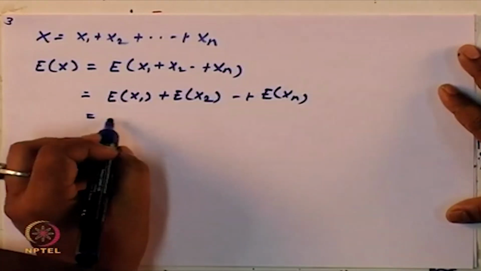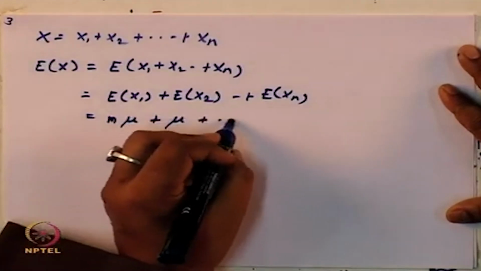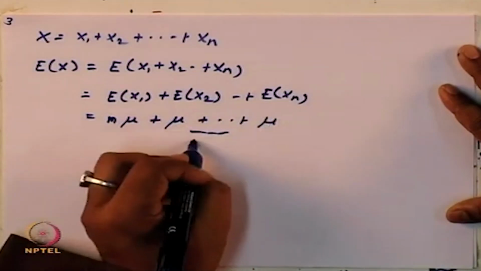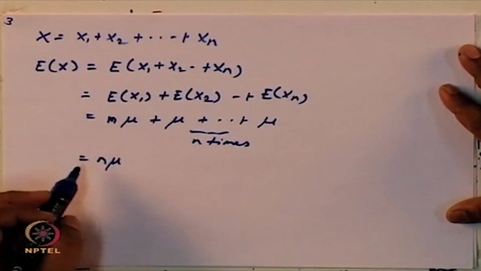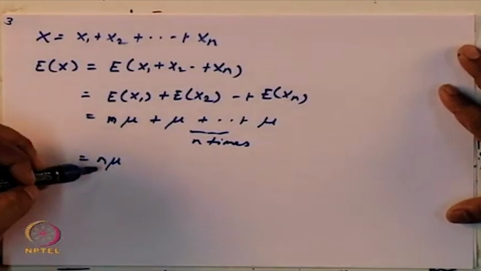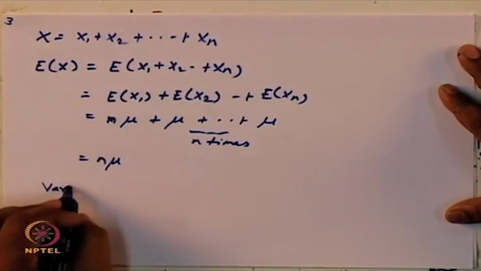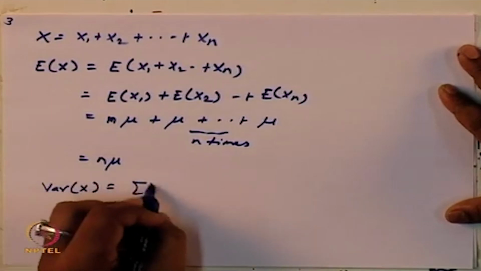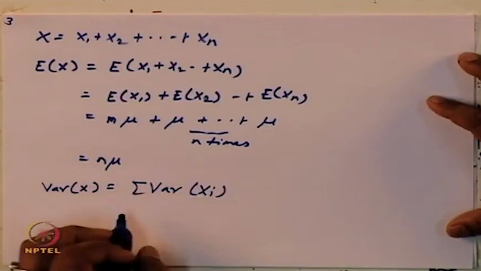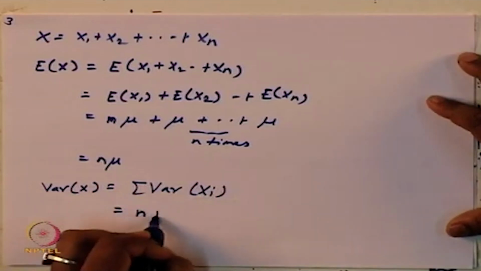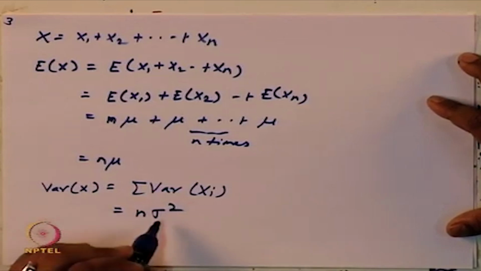So, this is mu plus mu plus mu, n times. That is why the expectation of x is simply equal to n mu. And by the same token, I can write variance of x is equal to the summation of variance of xi, again because these random variables are independent, and so I will get n times sigma square.